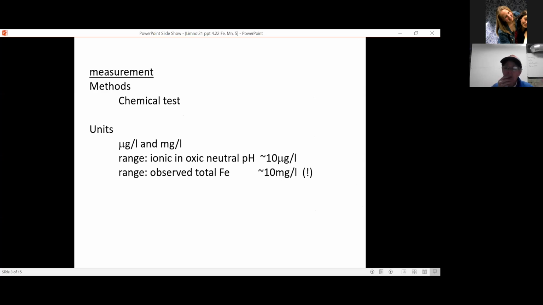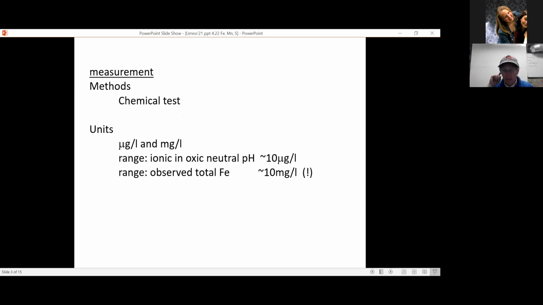How is iron measured? Well, it's measured with a chemical test. That's all you need to know for our purposes today. If we were to do this, you would take a kit, put in one chemical, put in another, shake it up, wait a couple minutes, turns color. There are other ways to do it, but that's the traditional way that limnologists measure it.